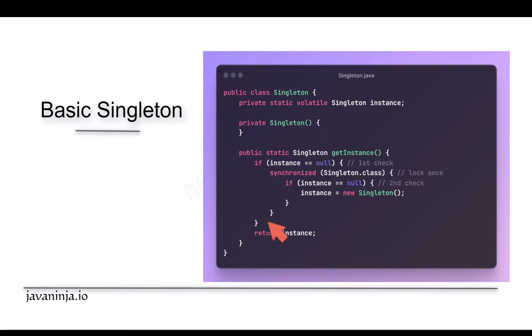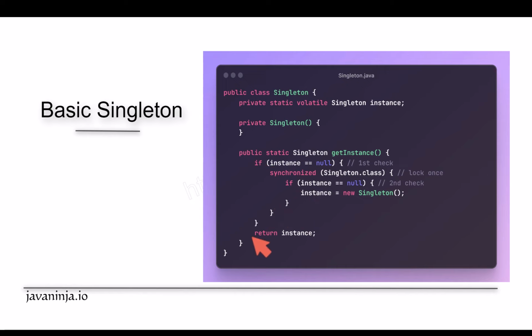So if a second thread comes, it is checking if the instance is null. If thread 1 has already created the object of this class, obviously this check will fail and the second thread will not try to acquire this particular lock.